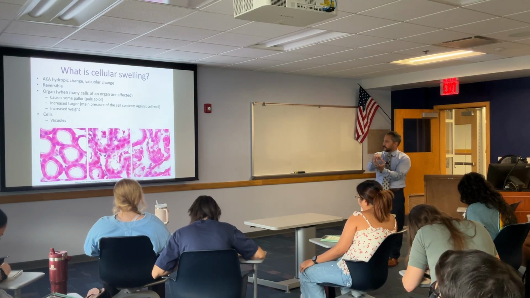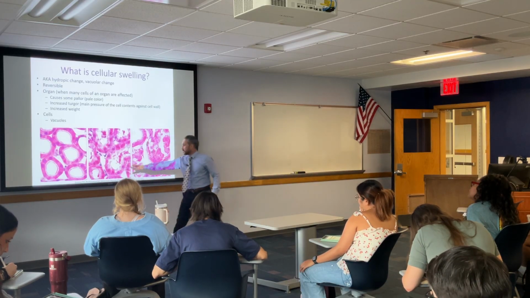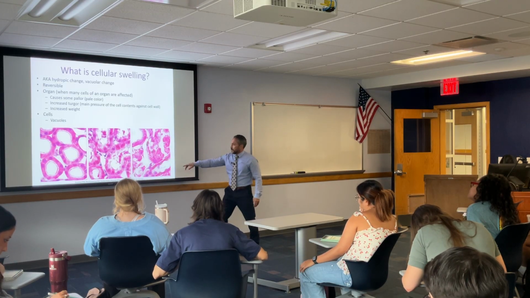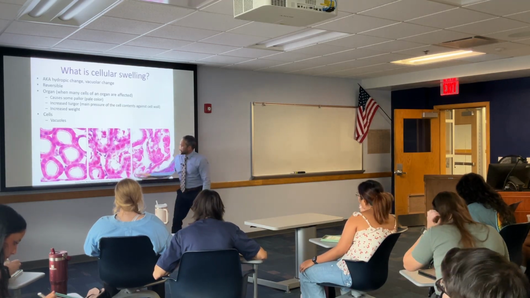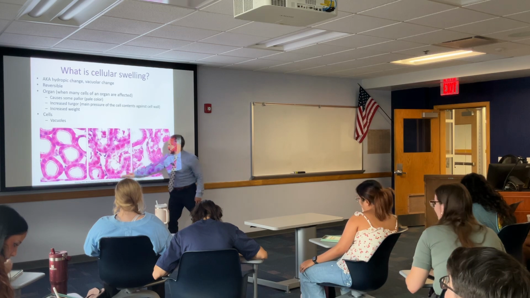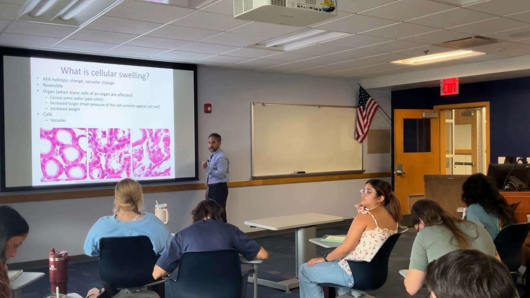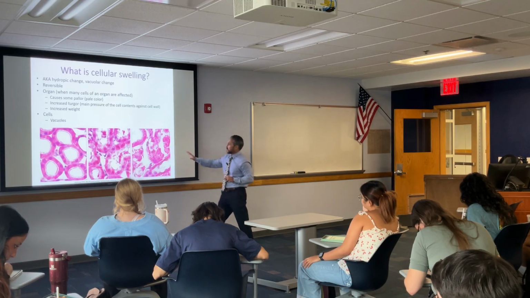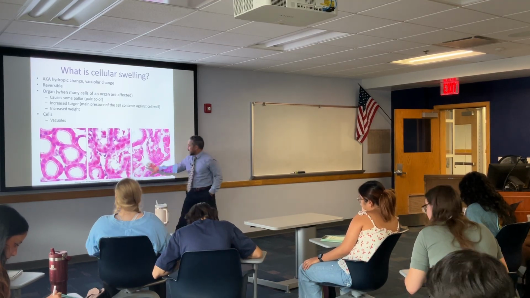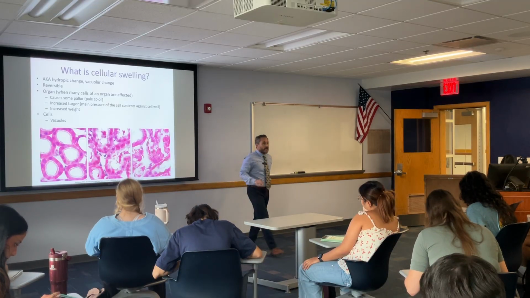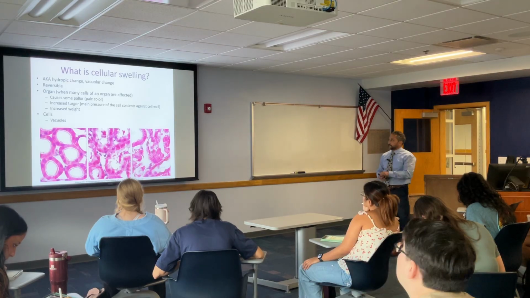Then you can see this disintegration as you move from left to right, and you start losing the cell membrane. You see disorganization of the renal tubule. Here you're getting the loss of the nucleus. This is a classic example. As you move from left to right, the membrane becomes disrupted. Now the membrane's gone, and you can see how these cells are blown out with cellular swelling.